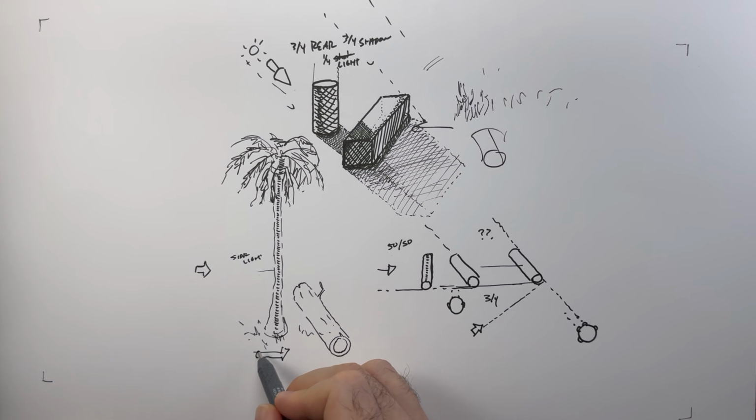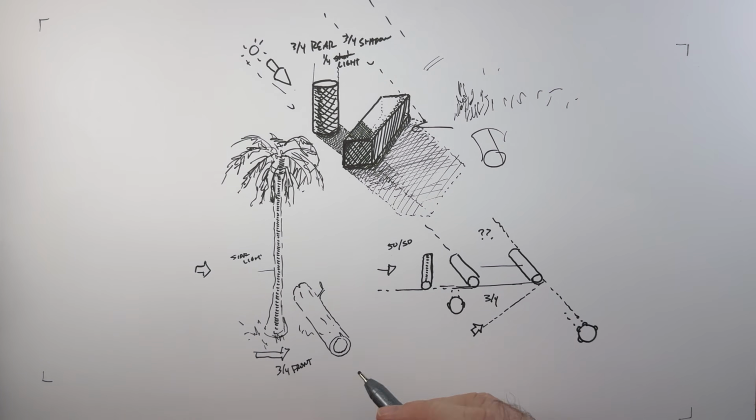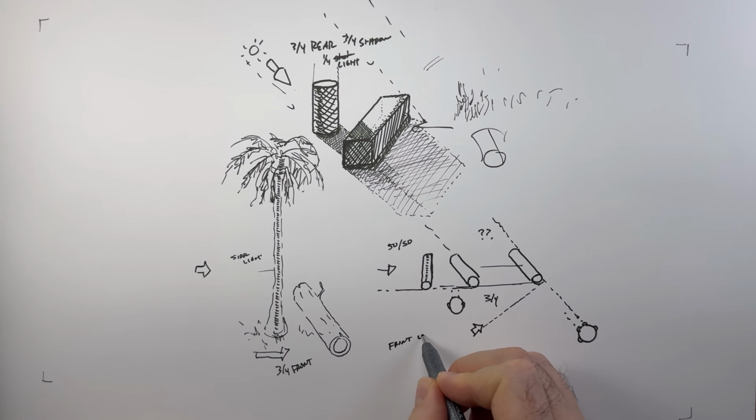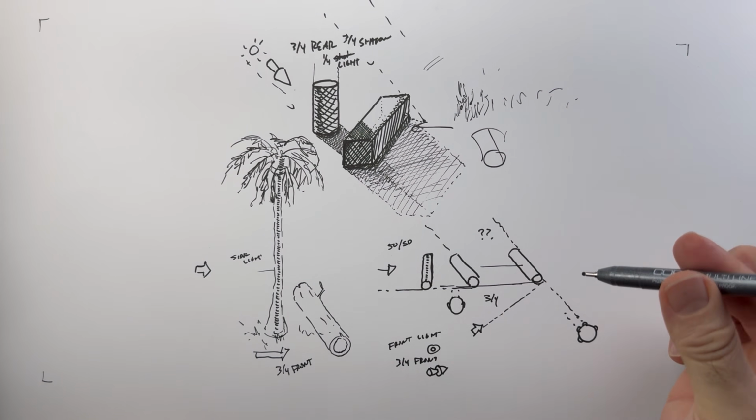This is 3/4 front. The other video I have explains the lighting. Knowing those lightings, right? The front light, which is basically you looking that way. Then you have 3/4 front, which is you looking at 3/4 this way or this way.